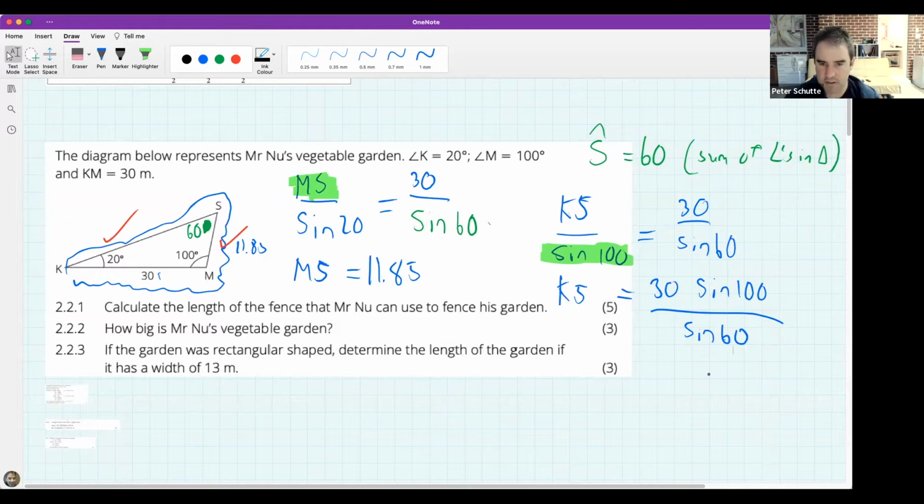There's a couple of ways you could do it, but most people would just type it with a fraction button on their calculator. 30 times sine 100 on the top, and then divided by sine of 60 on the bottom. And we should be getting 34.11 as that. And then what is the final answer going to be? So I don't know, Lebo, if that helped, but I think that was the way you would do that.